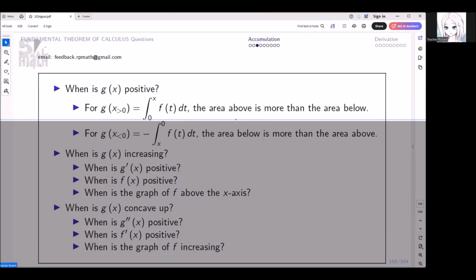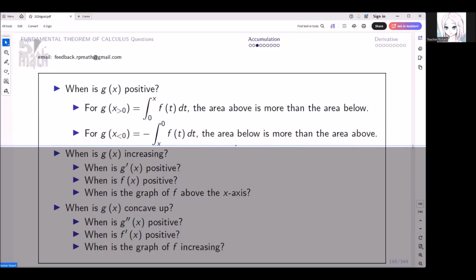For x greater than 0, g of x equals integral from 0 to x of f of t dt, so the area above is more than the area below. For x less than 0, g of x equals minus integral from x to 0 of f of t dt, so the area below is more than the area above.